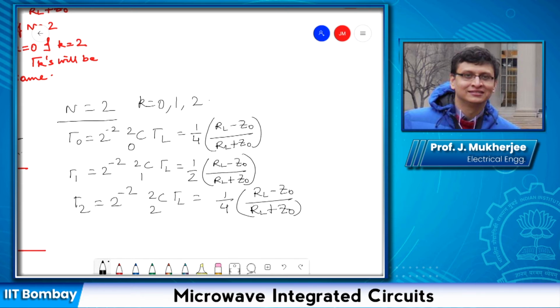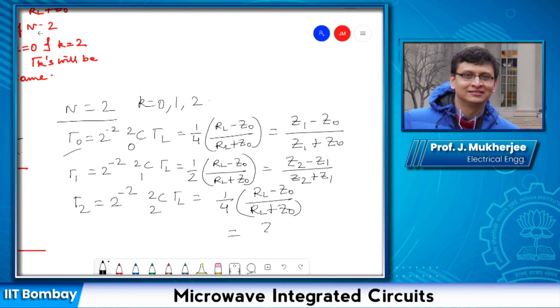Then substituting the value of gamma 0 here, I can write this as (Z1 minus Z0) upon (Z1 plus Z0). This is equal to (Z2 minus Z1) upon (Z2 plus Z1).